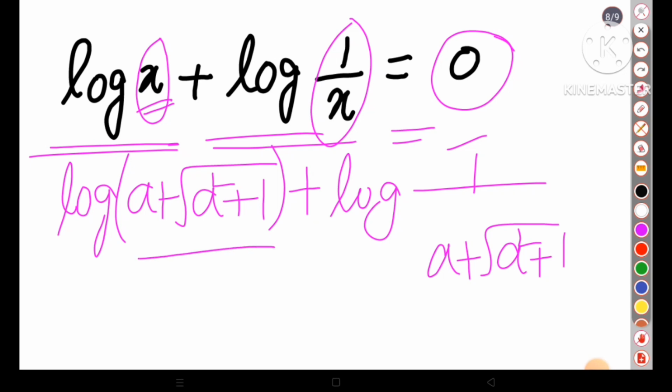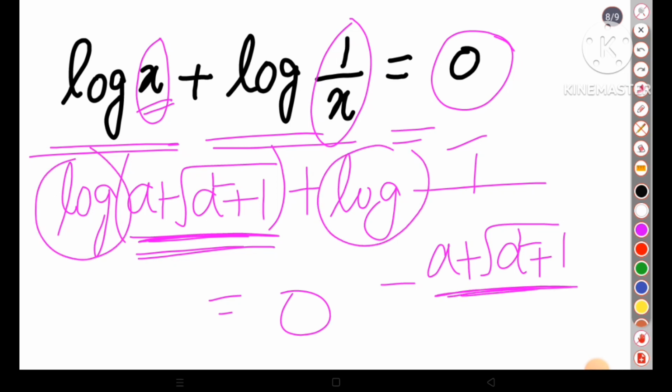Then the answer of this question will be equal to 0 because here the input and its reciprocal are written with this log function. So we can solve this type of question with the help of this direct result.